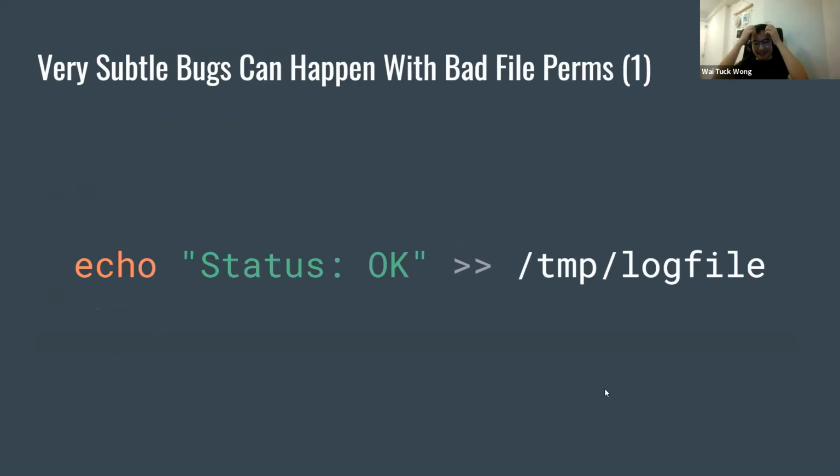So that was one example of a very subtle bug that can happen, a race condition where the attacker modifies the application in a world writable folder before the installer is able to execute it. But there are also more subtle bugs in this domain.